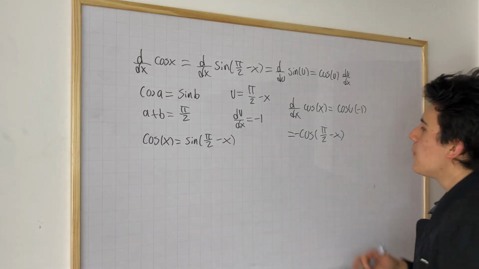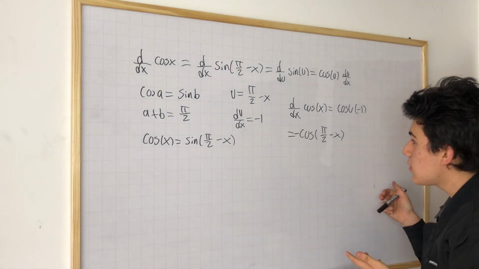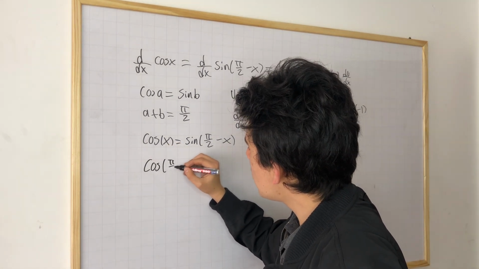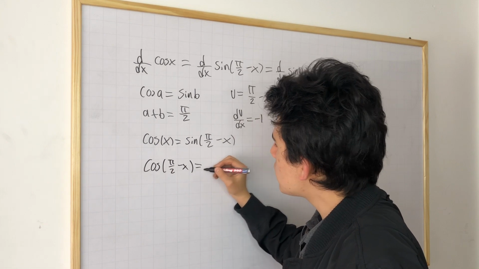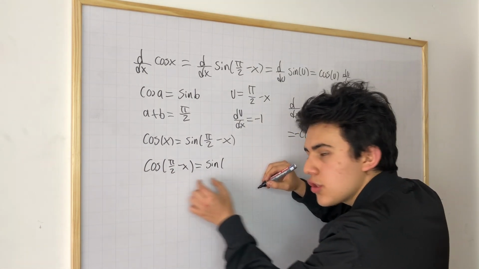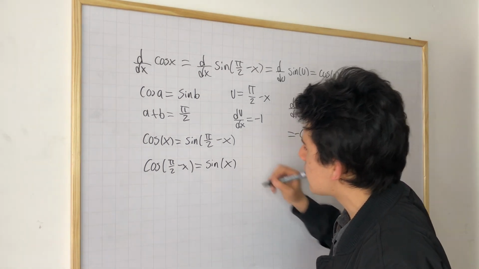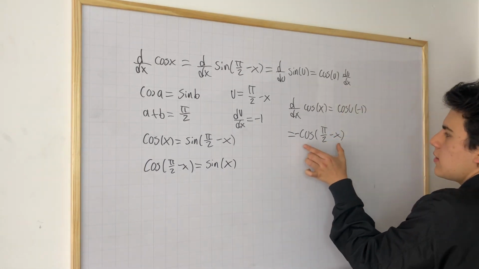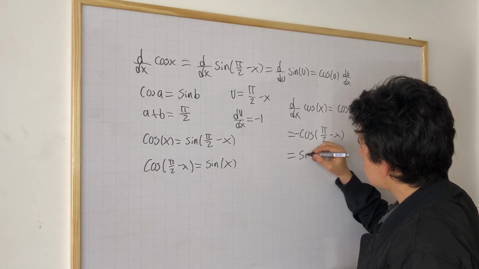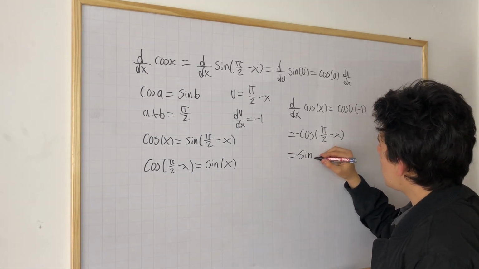Remember that cosine of pi over 2 minus x is equal to sine with an input such that the addition of the two inputs is equal to pi over 2, and then it's just simply going to be x. So we can replace this with sine of x. So we get that this is going to be negative sine of x.